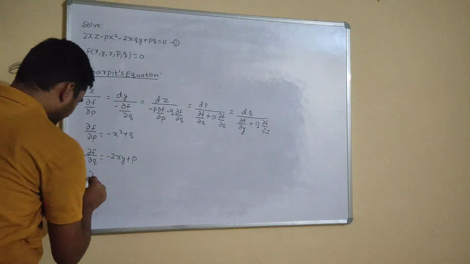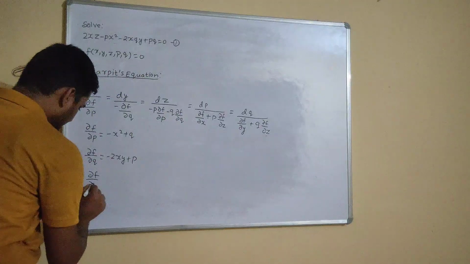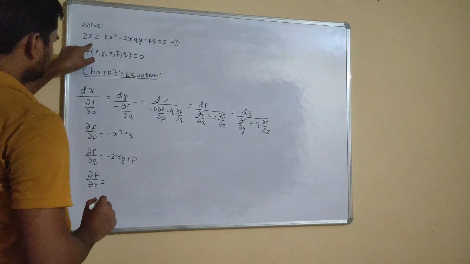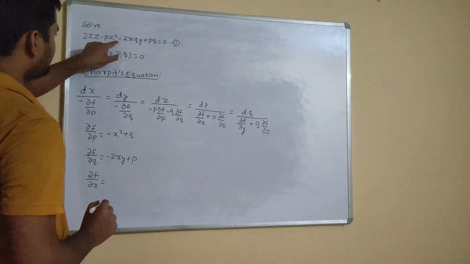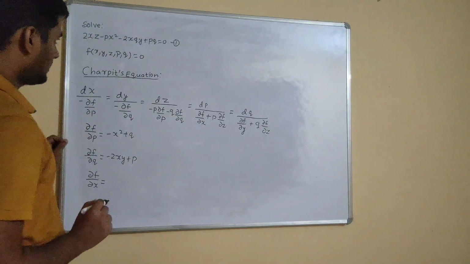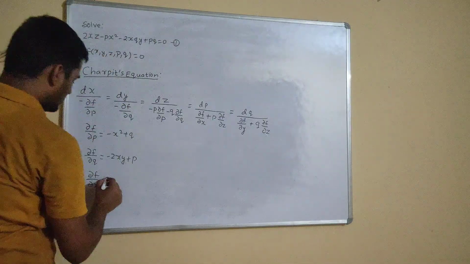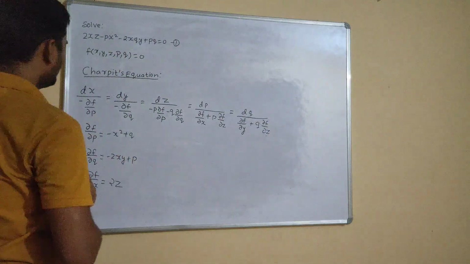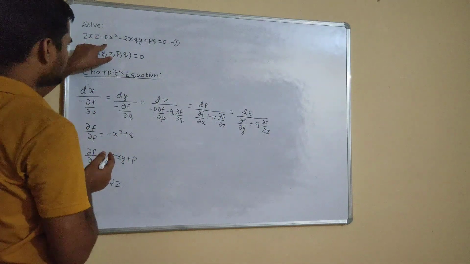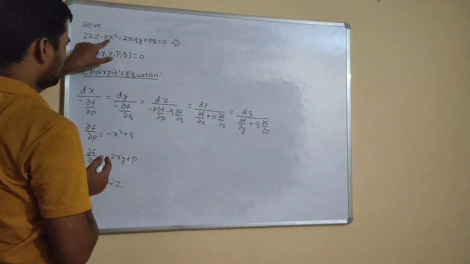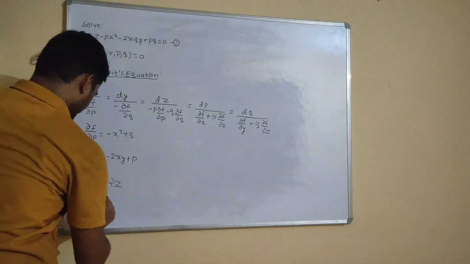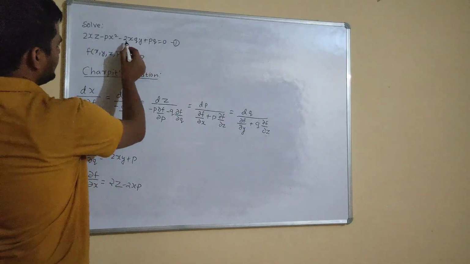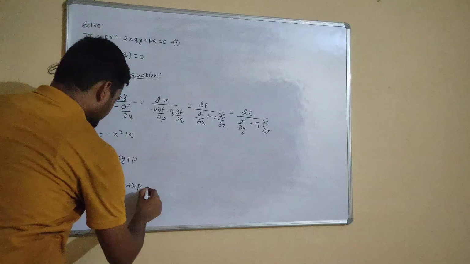Now del f by del x, first 3 terms are of x, so from the first term you get 2z, from the second term you get minus 2xp, p is constant, derivative of x square is 2x. And from this term minus 2qy.